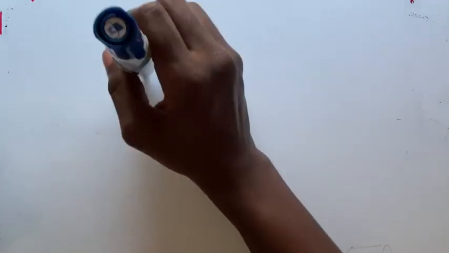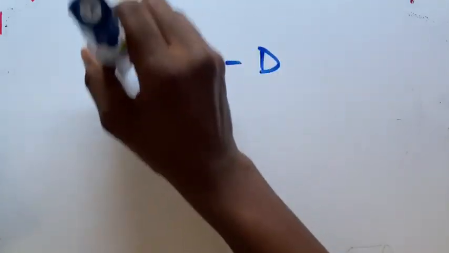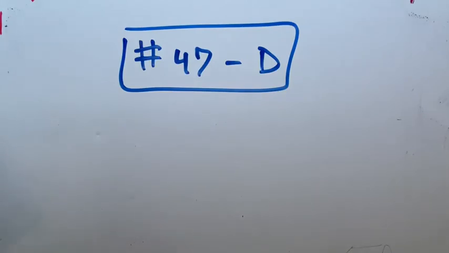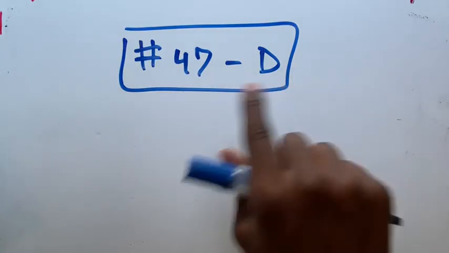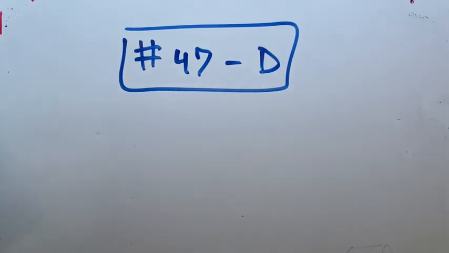Well, the correct answer here is going to be D. So number 47, answer is going to be D. And let me go to number 48, because 48 is going to kind of explain number 47. So number 48 says, which requires more energy?